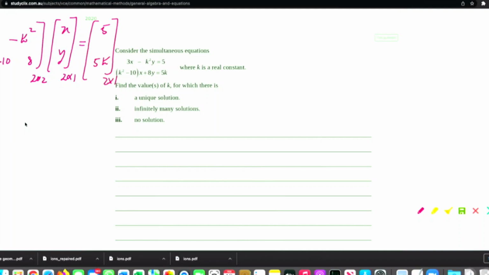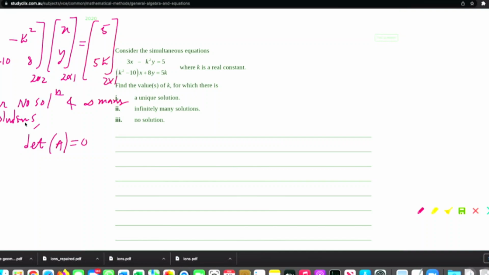Then you have to write for no solution and infinitely many solutions, the determinant of A should be 0.